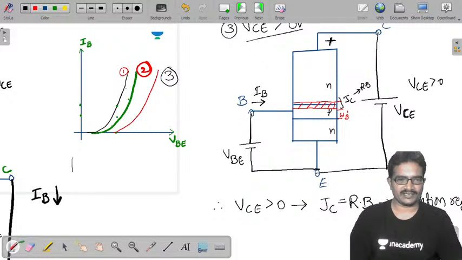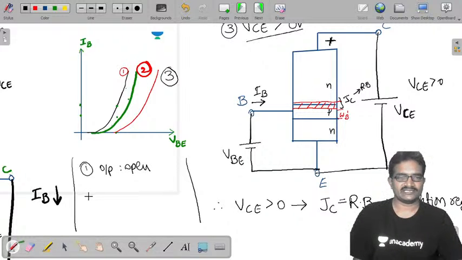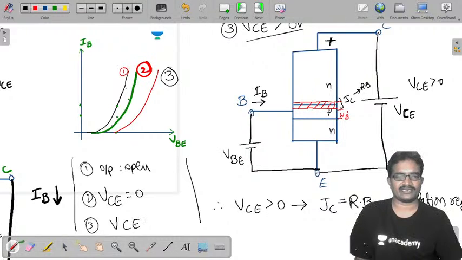Now, first case is output open. Second case, VCE 0, output voltage VCE 0, that means output short circuited. Third case, VCE greater than 0.